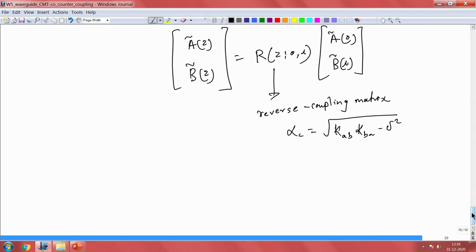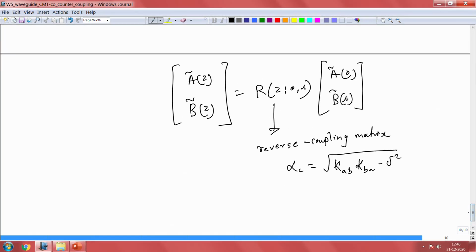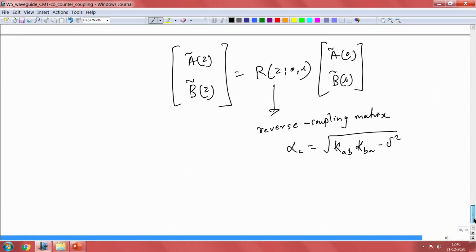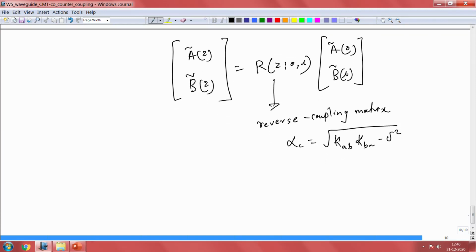So, now let us consider the scenario of launching one of the modes, and then look at how it will be coupling at the other end, or how it is going to couple to the other mode in this case.